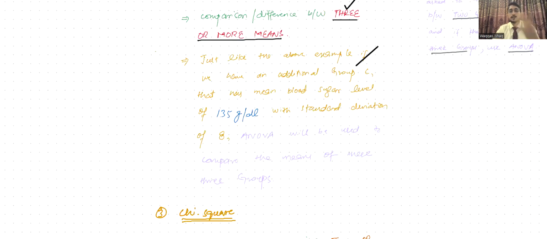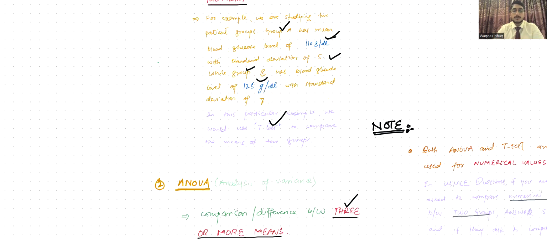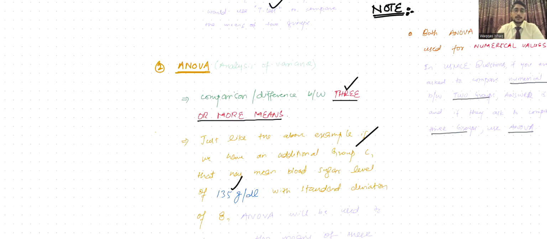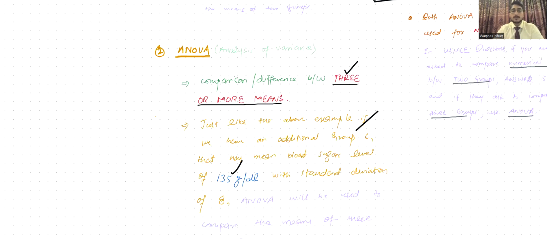Previously we had 110, 125, and now we have 135. So now we have three mean values of three different groups. And if they ask which test you want to use, that's going to be ANOVA, analysis of variance, for when we have three or more mean values.